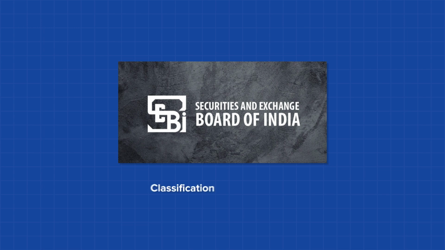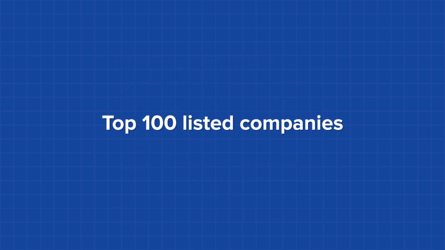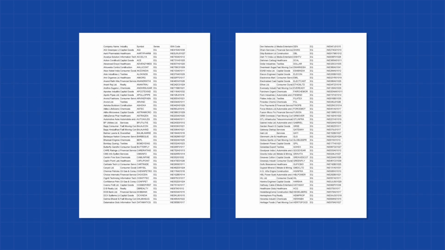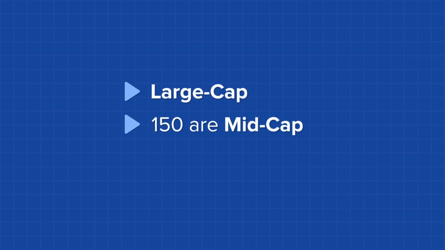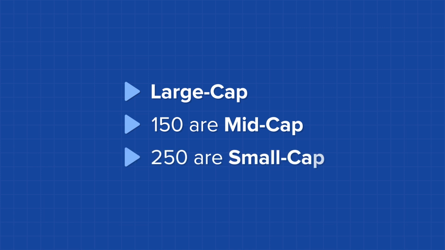Now, as per SEBI's classification of indexes, the top 100 listed companies as per the size of their market capitalization form what is called large cap. The next 150 are the mid caps, and the next 250 are the small cap.